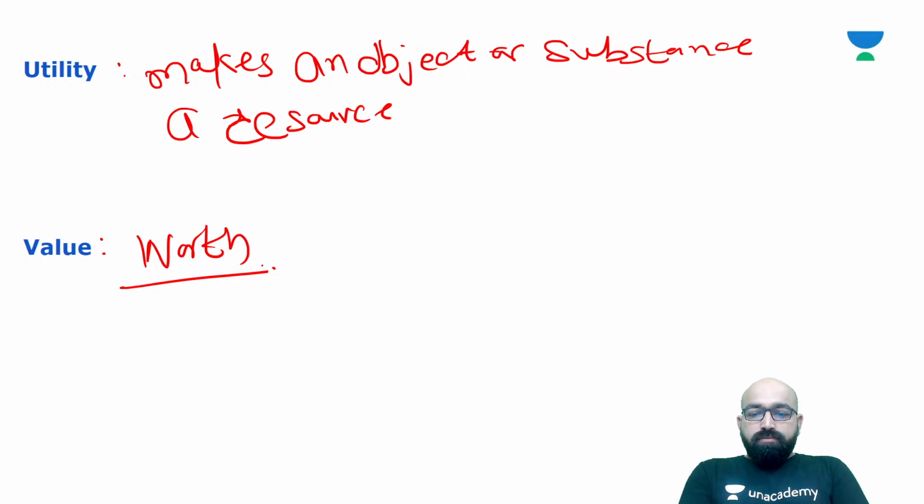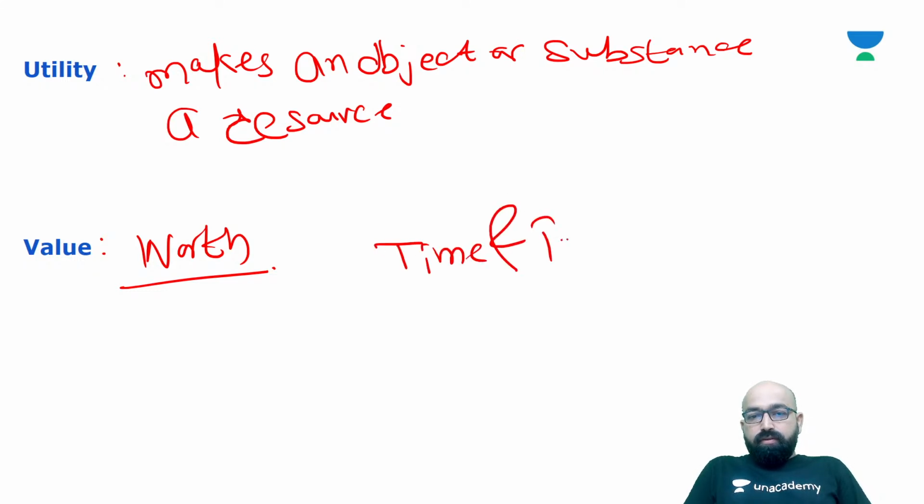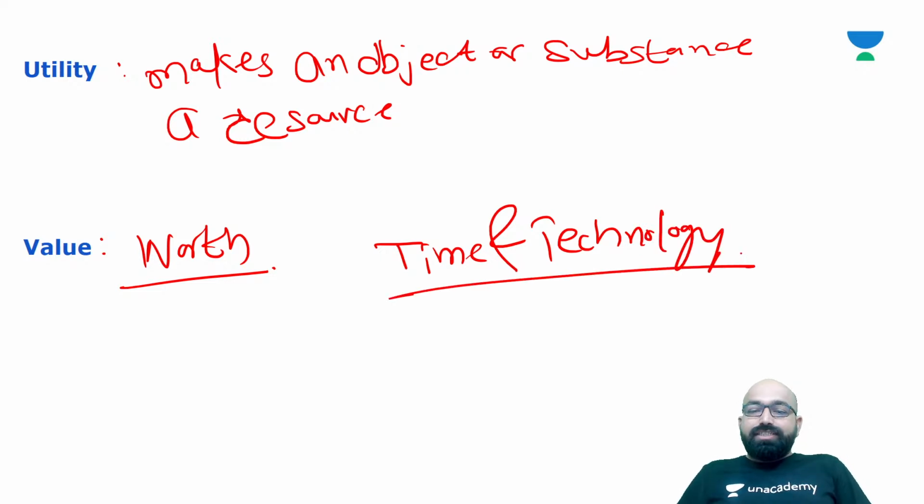Now, time and technology are two important factors that can change substances into resources, but are related to the needs of the people.